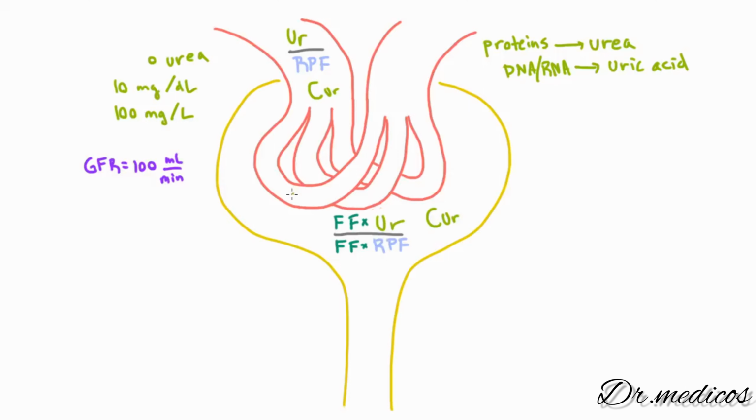And therefore the amount of that thing that's going to be filtered here at the glomerulus is just going to be equal to the concentration of that solute, in this case urea, times the glomerular filtration rate. Because the GFR tells you the amount of volume that's getting filtered, and since the concentration of this thing is going to be the same in Bowman's space and in the afferent arteriole, you just multiply the volume times the concentration to get the total amount.